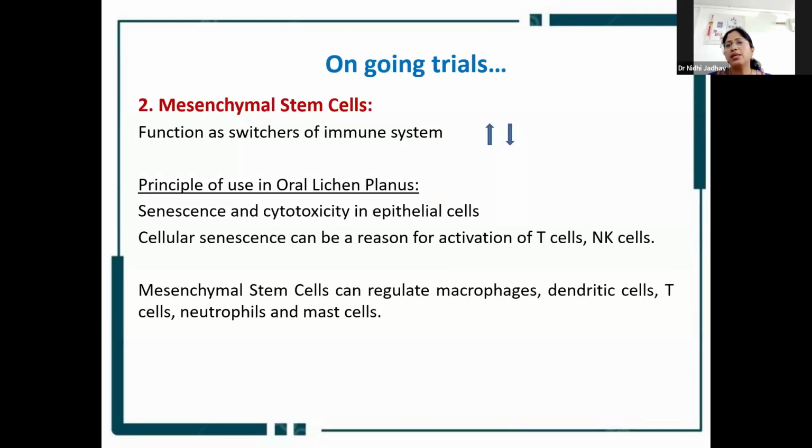And mesenchymal stem cells, their use has also been considered. The reason is that researchers thought that possibly the mechanism that happens in the epithelial cells is responsible for bringing T cells and natural killer cells to the site to cause apoptosis. So if mesenchymal cells could be used to create an effect as a switcher of the immune system, it would be helpful in lichen planus.